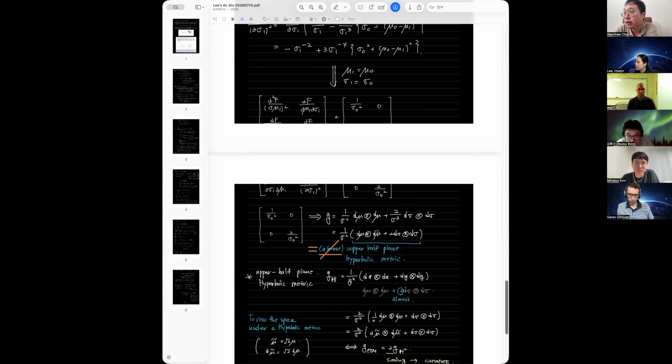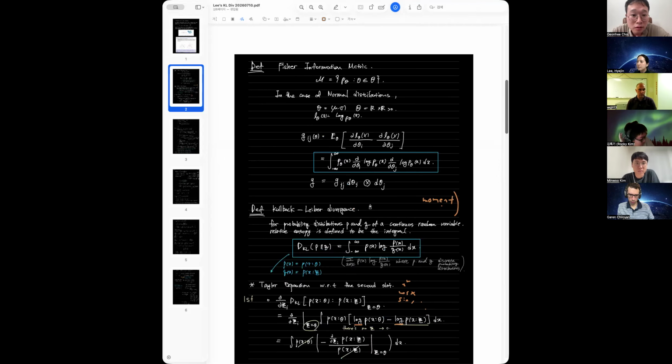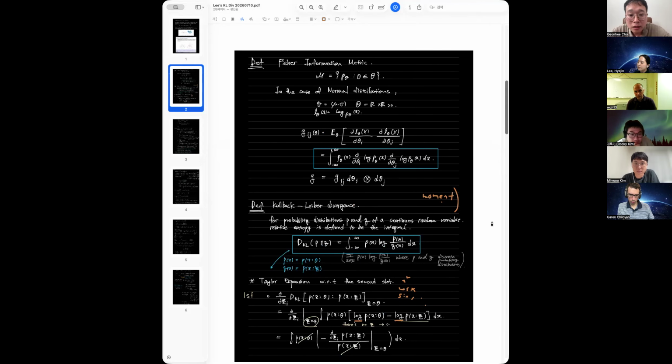I completely agree. If we go back to page 2, Haejun, can you go back to page 2? We rely on the expression of KL divergence a lot.